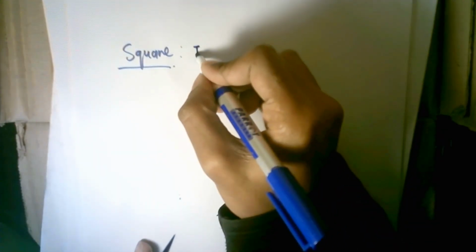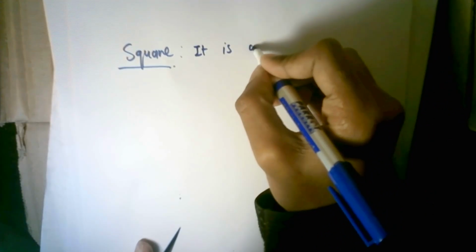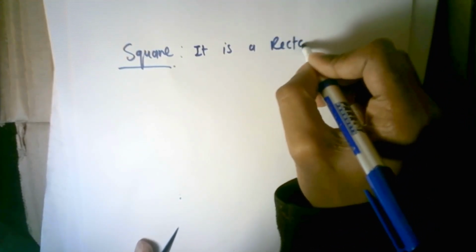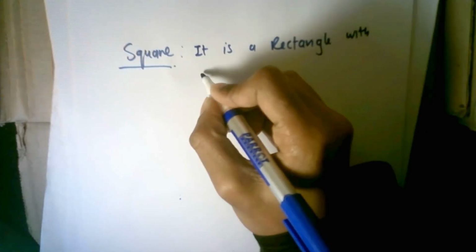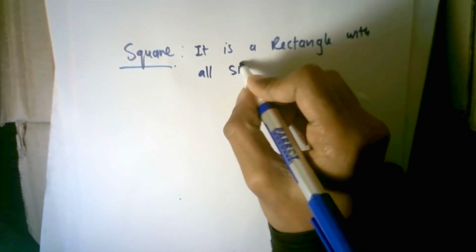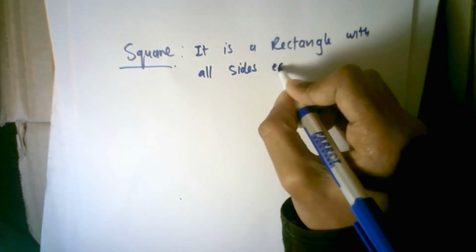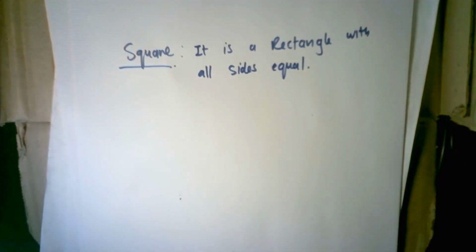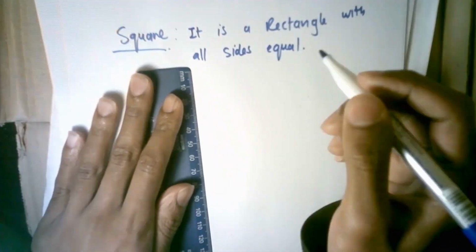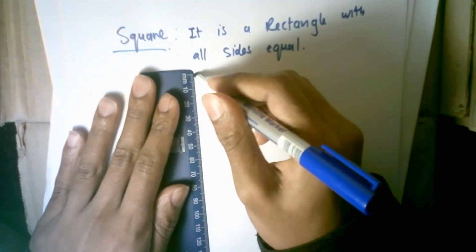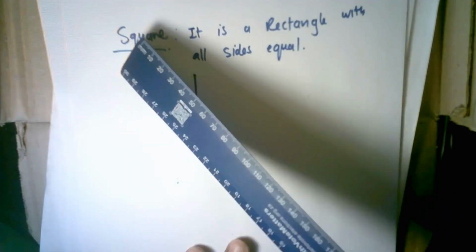So I can define a square: it is a rectangle with all sides equal. Right? So let's just quickly draw a square like such.